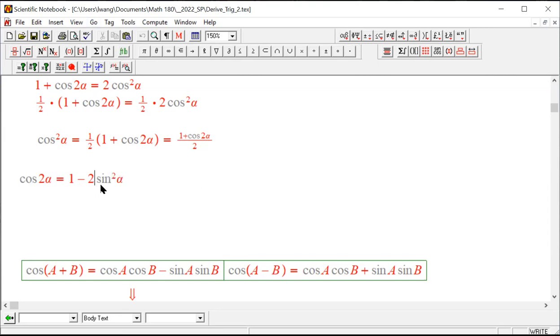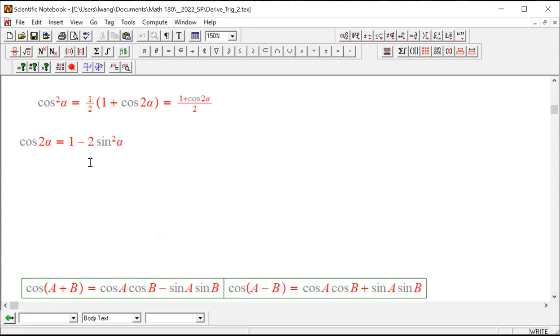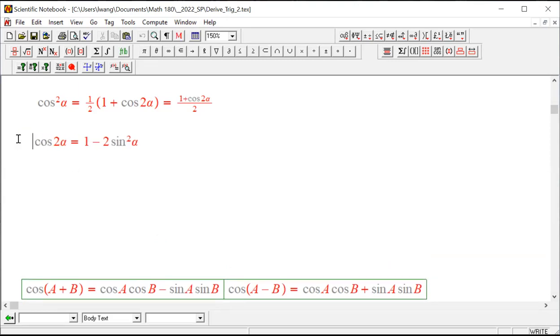So this time we're solving for sine square of alpha. Okay, let's see how we do it. There are multiple ways to do it, but this is how I'm going to do it.